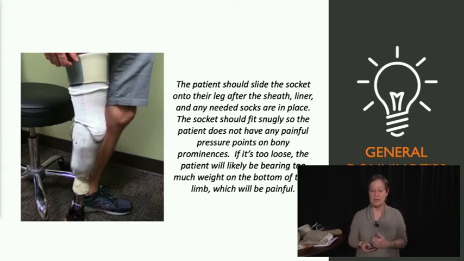Obviously, it depends on the shape of somebody's limb. So if the socket is too loose, they're going to, we call it crashing into the socket. They're going to fall down to the bottom of the socket, and they'll have focused pain, possibly red skin. Non-blanchable erythema is the big problem on the distal end of their residual limb.